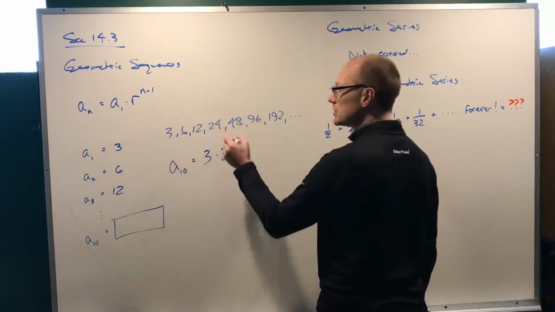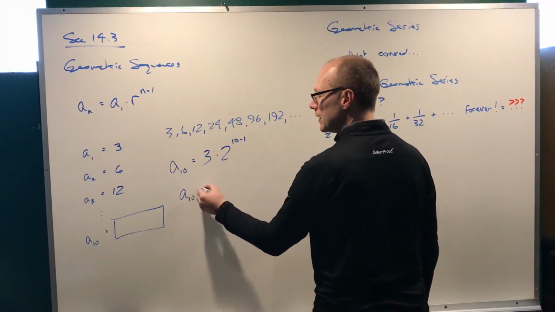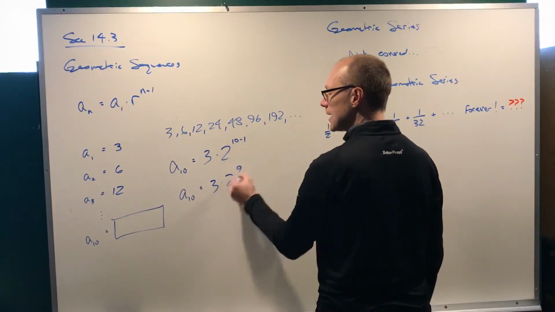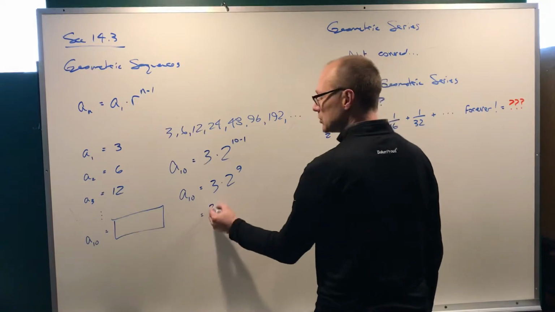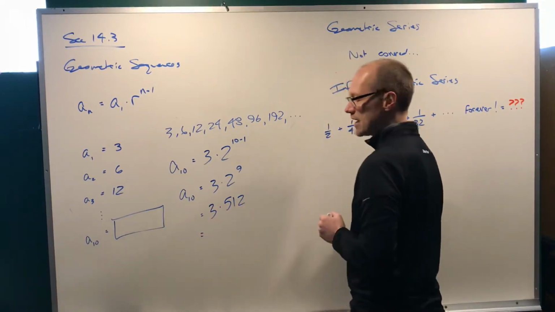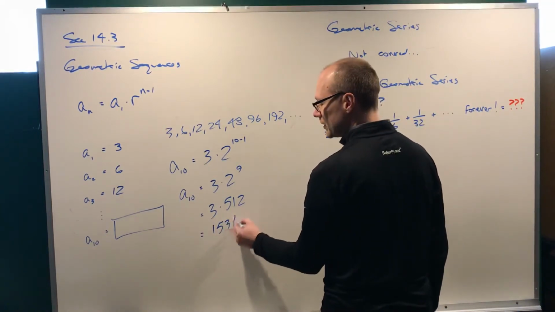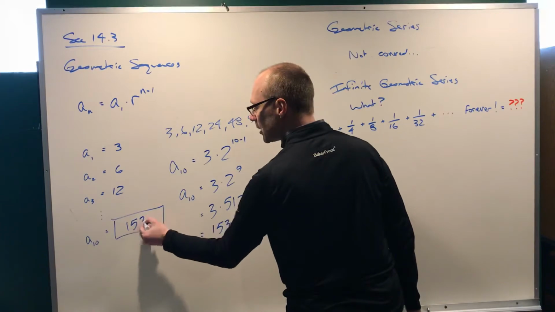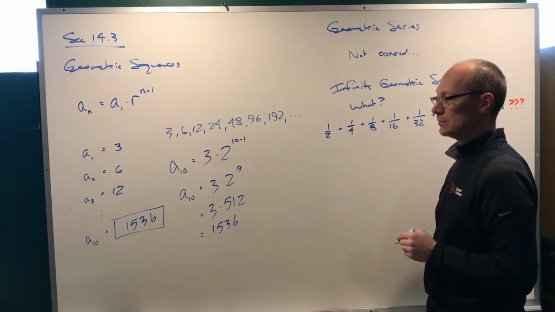How many 2's? 9 of them. That's going to be 3 times 2 to the 9th. As everyone knows, especially those that play 2048, 2 to the 9th is 512. And 3 times 512 is 1536. So it looks like 1536 is my 10th term.